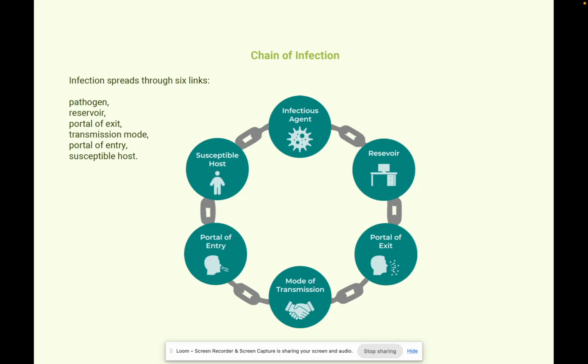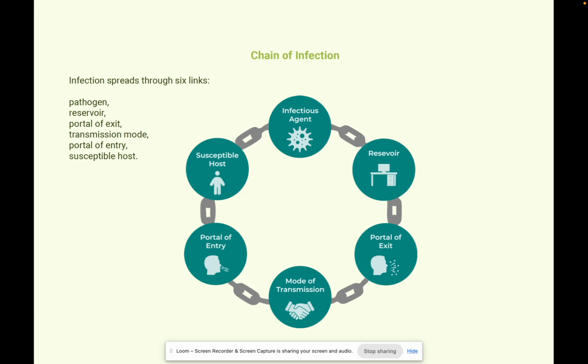So this is what we call the chain of infection. We have six links of the chain of infection. First is what we call the pathogen. So pathogen is considered bacteria, viruses, fungi, parasites, and other things, right?